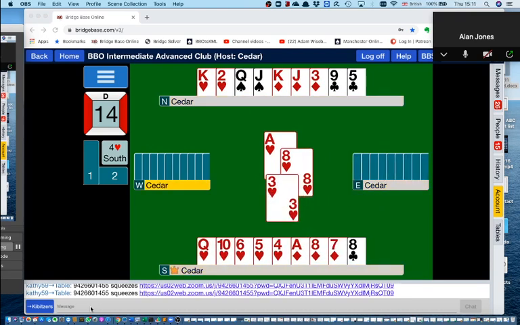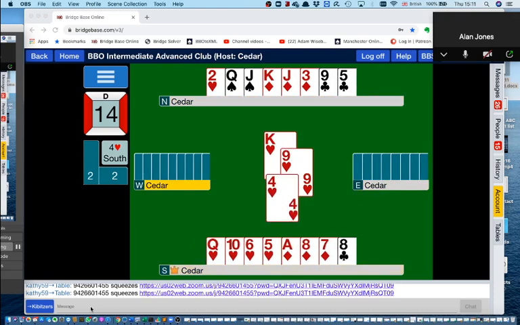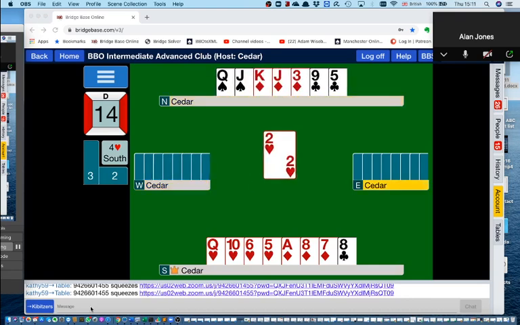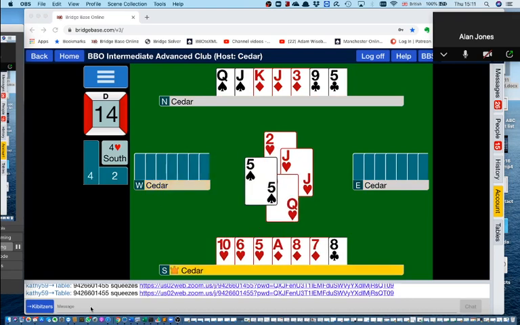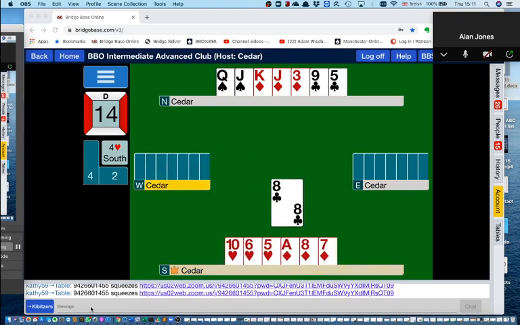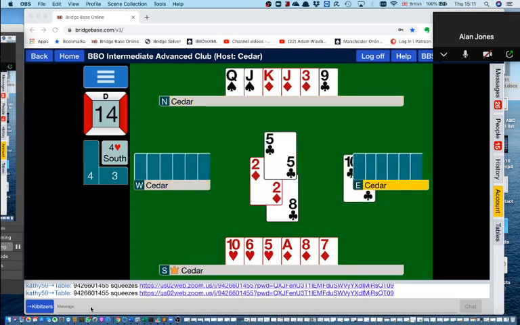I really intend to play a club and play for an extra club trick. So I haven't broken, I need to do a third one. And this is me trying to get a club trick and failing miserably when I discover that they don't break 3-3.